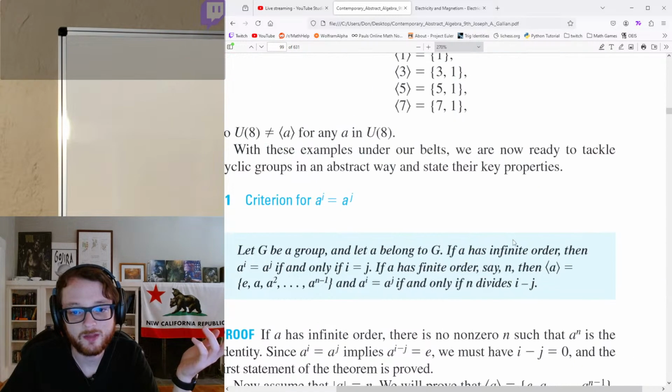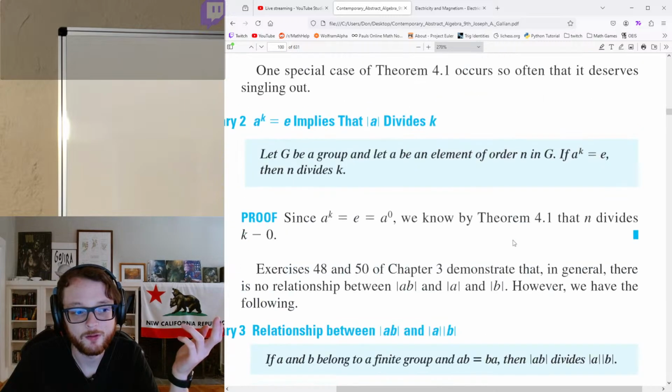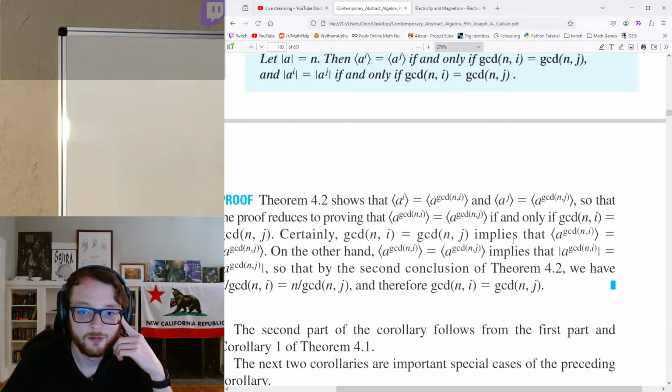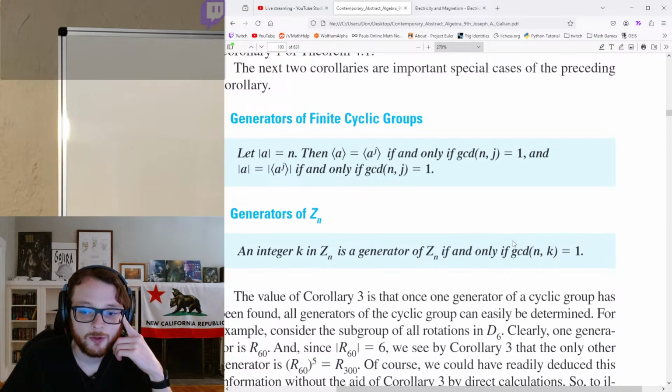I feel like they did one that said the exact thing specifically for Z sub n. I don't see it though. It's for a generator of Z sub n.